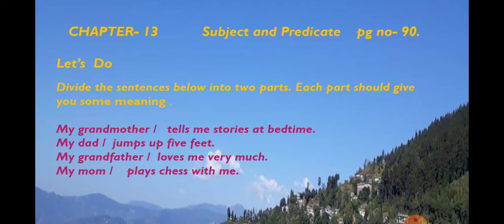Next, my grandfather loves me very much. Who loves you very much? The answer is my grandfather. So my grandfather is your subject. So you will draw a slanted line or a slash after my grandfather and loves me very much is your predicate. Next sentence.